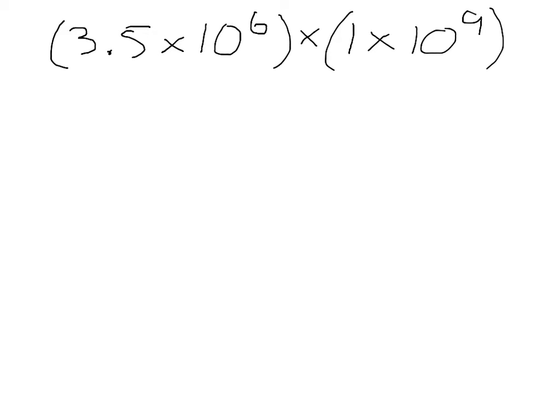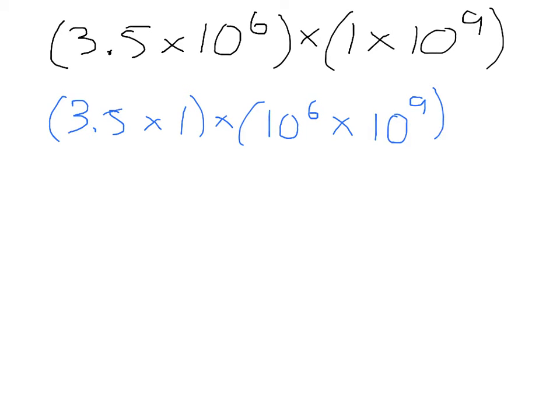Well, we don't want to have to multiply all that out. But here's the neat thing. If I use the associative property, since this really is all just multiplication, drop the parentheses for a second, it's 3.5 times 10 to the 6th times 1 times 10 to the 9th. I can redo this to be 3.5 times 1 times 10 to the 6th times 10 to the 9th.